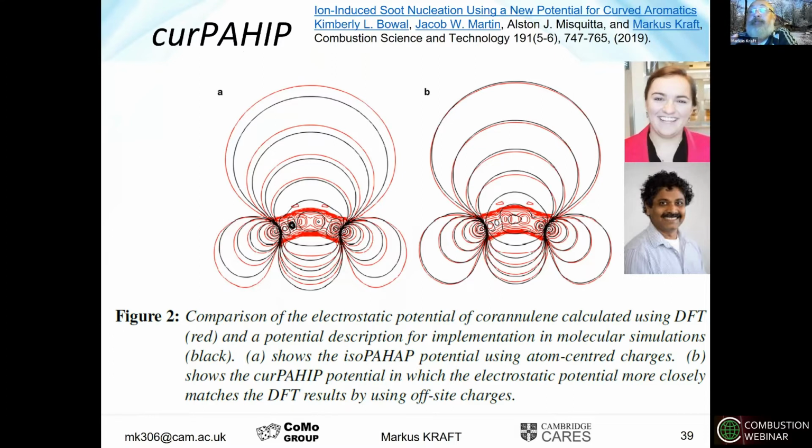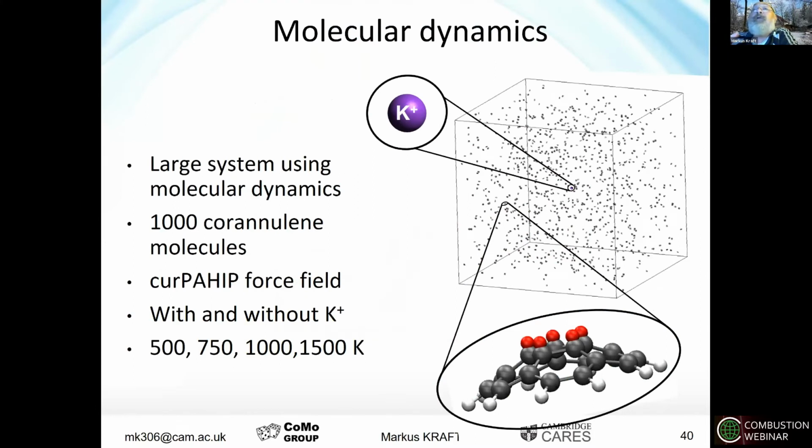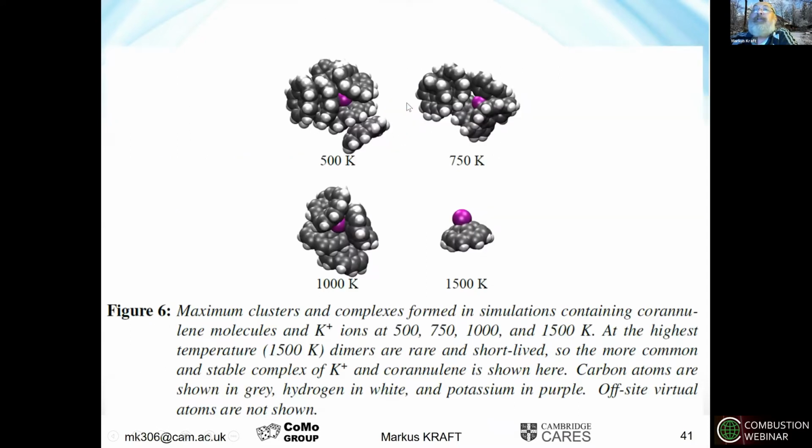After we had developed this potential, we looked at molecular dynamics. We seeded it with potassium ions, looked at different temperatures, looked at 10,000 corannulene molecules, and just ran the simulation. The outcome was that at lower temperatures, you did indeed see such clusters where the ion stabilizes the molecules.